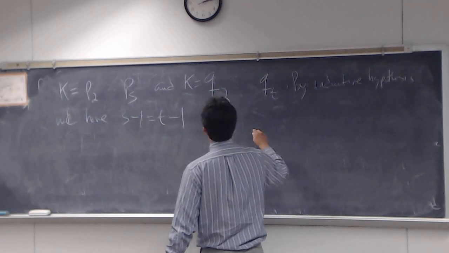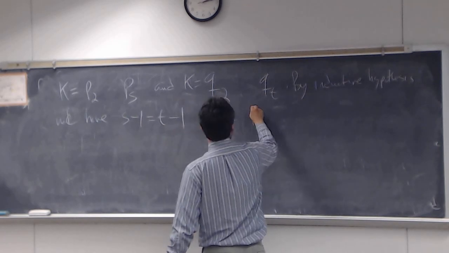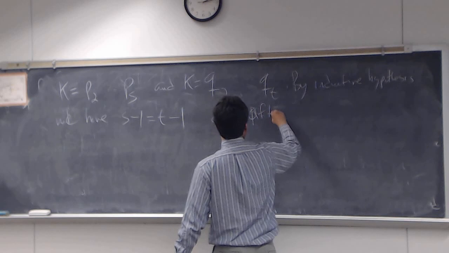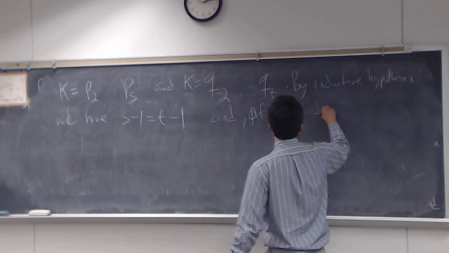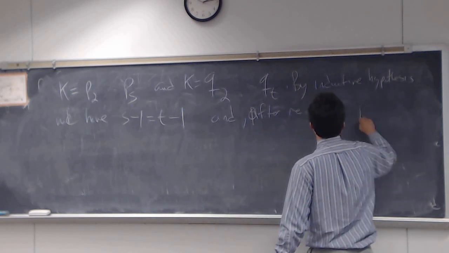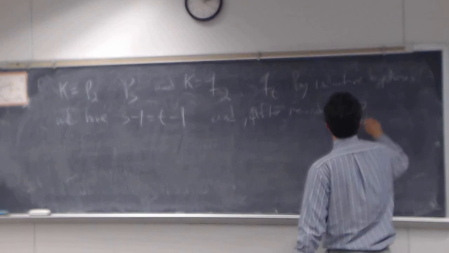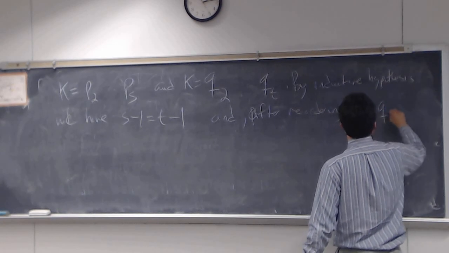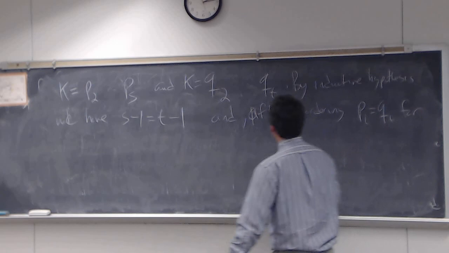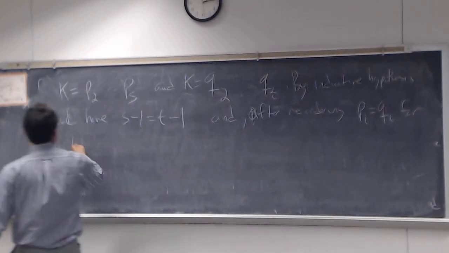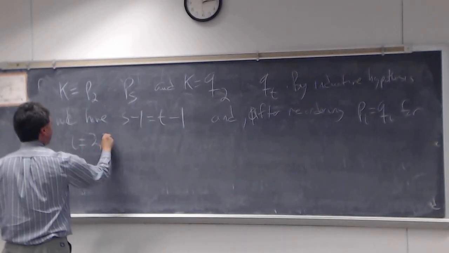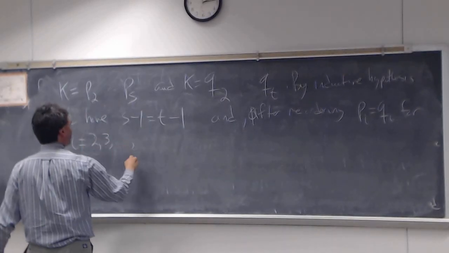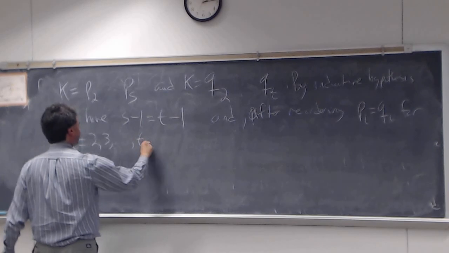And after reordering, pi is equal to qi for i equal 2, 3, all the way up to t.